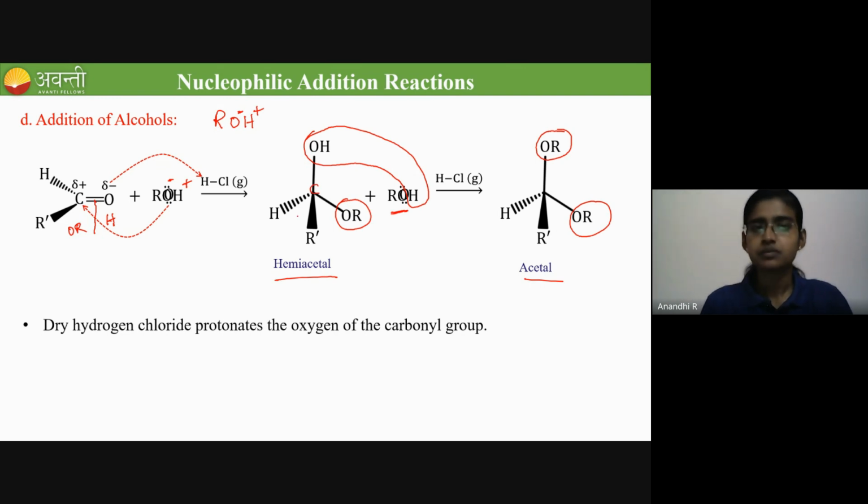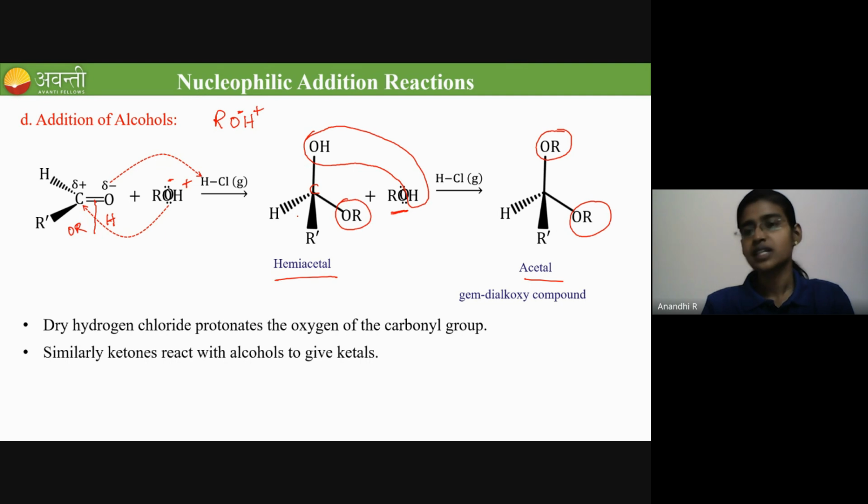Okay. So first add the ROH to the aldehyde or ketone and then with one more mole of ROH, you remove one H2O and add the remaining OR to the system, you will get acetal. Got it? It is also called gem dialkoxy compound.